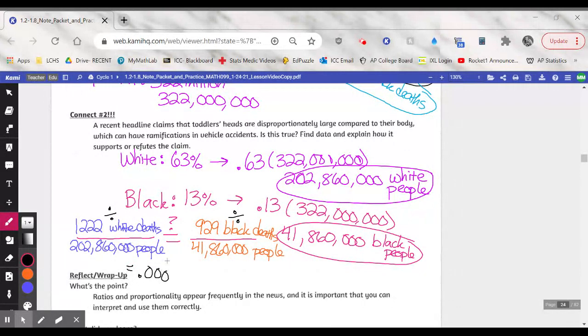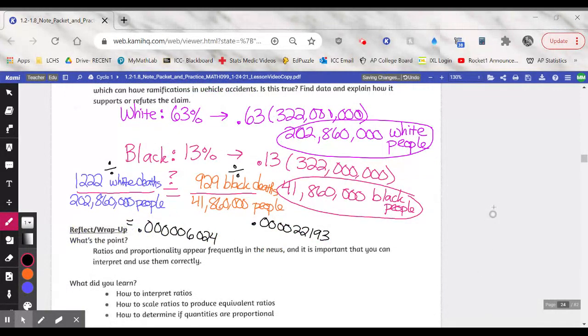So there are 5 zeros, and then 6024. For the right side, we have only 4 zeros, 0.22193.